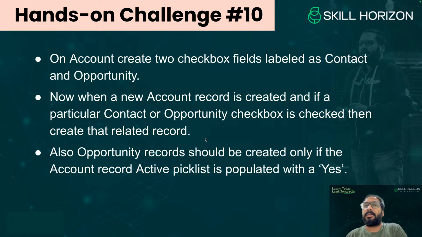If the contact checkbox is checked, a contact record should be created. If the opportunity checkbox is checked, an opportunity record should be created. If both are checked, both records should be created. Also, on opportunity creation, we need to check whether the active picklist has Yes or not. This is the requirement that we are going to implement in today's session.